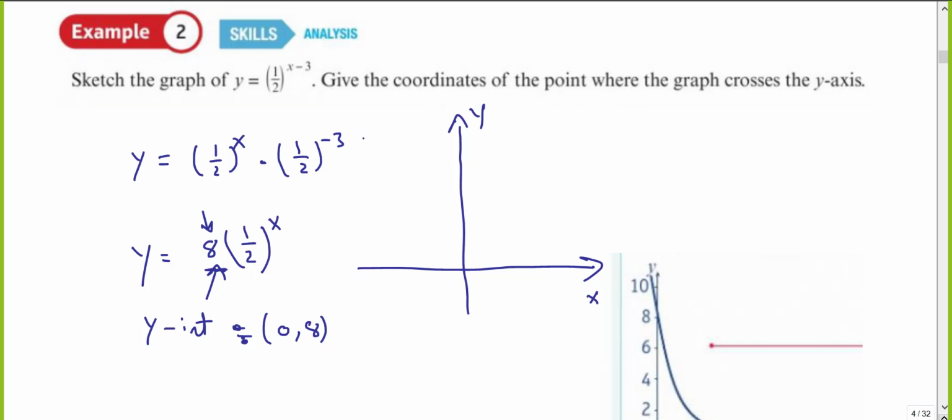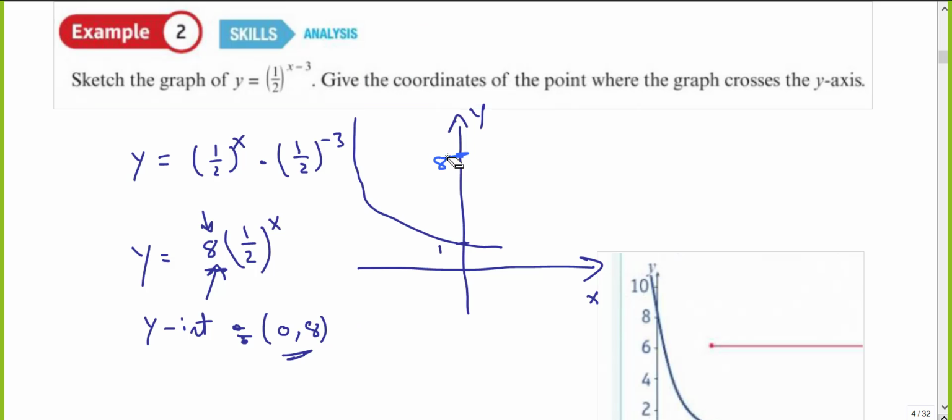So the graph will look like this. Instead of intersecting the y-axis at 1, like usual, it will intersect the y-axis where, Adam? At 0, 8. Where is this 0, 8? So it will look like this. At 8.